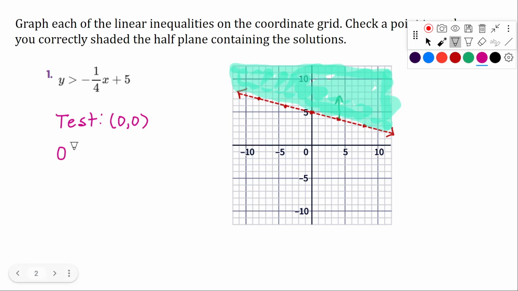Is 0 going to be greater than negative 1/4 times 0 plus 5? Well, negative 1/4 times 0 is 0, so we're left with 0 is greater than positive 5. That is not true. So that means the point 0, 0 is not part of the solution set. And if we look, the point 0, 0 is not in our shaded region.